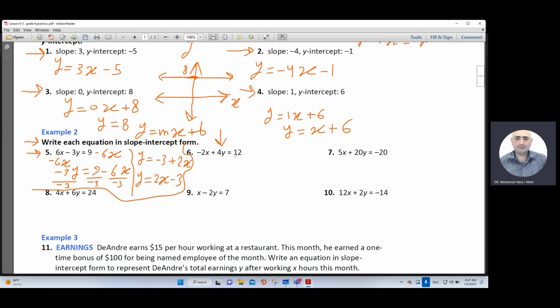So Milad said we can remove negative 2x from this side. So you can add 2x to the two sides. Negative 2x and plus 2x will be 0, remains here 4y. Great, Milad.